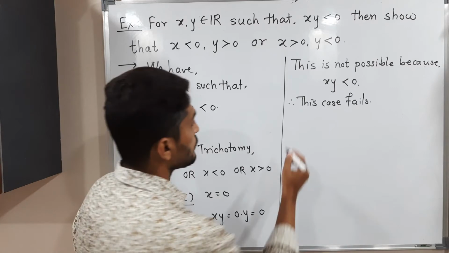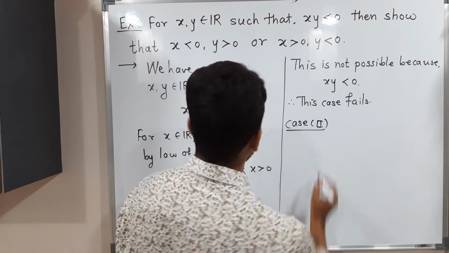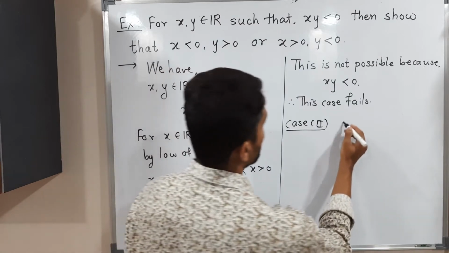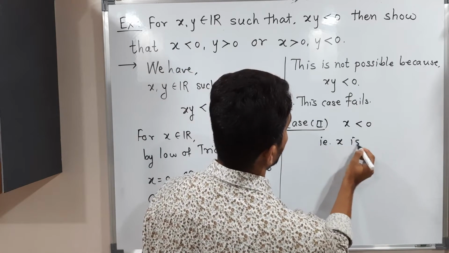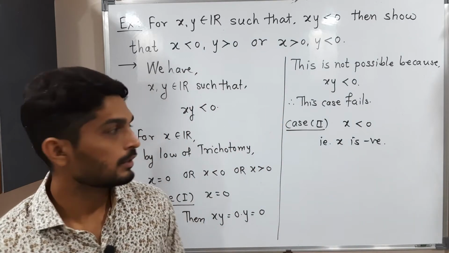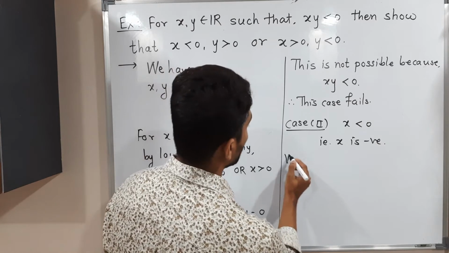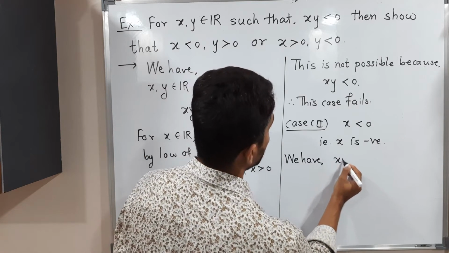Okay, so let us go for second case, case number 2. So what is case number 2? x is less than 0, that is x is negative. So what we have here, we have x into y is less than 0, right?